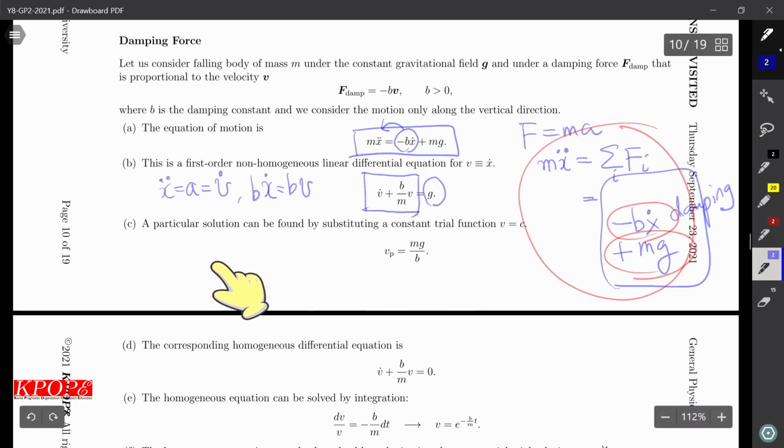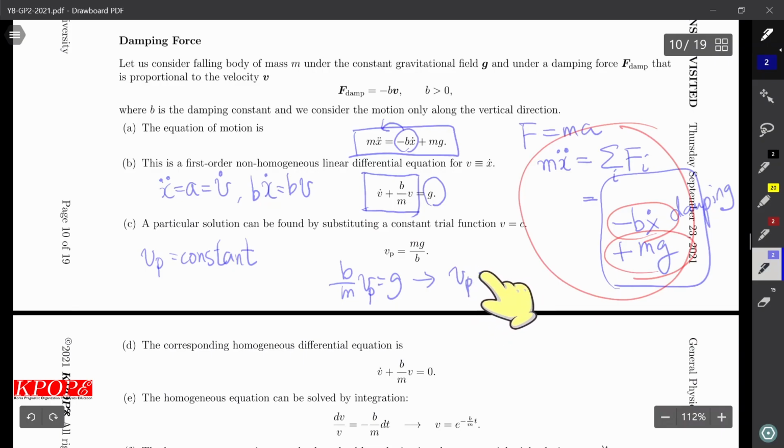Let us first find the particular solution. Suppose just a constant substitution. Substitute a constant into this. Then the first contribution will disappear. Then the constant must be g, so the particular solution should be mg over b.